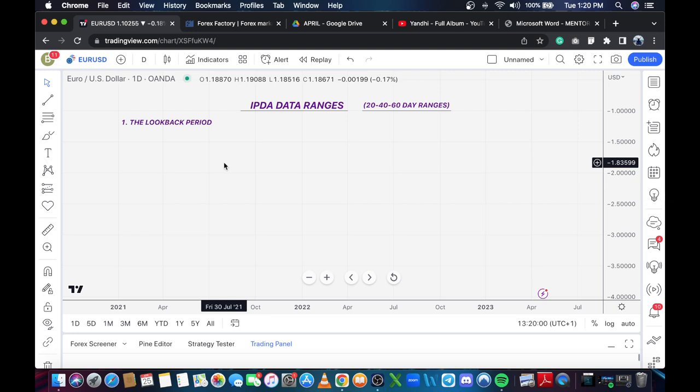If you are trading in October, the most recent complete calendar month is September. Currently it is April, and the month of April is not complete yet. The most recent complete calendar month is March. So your look back period starts from March.